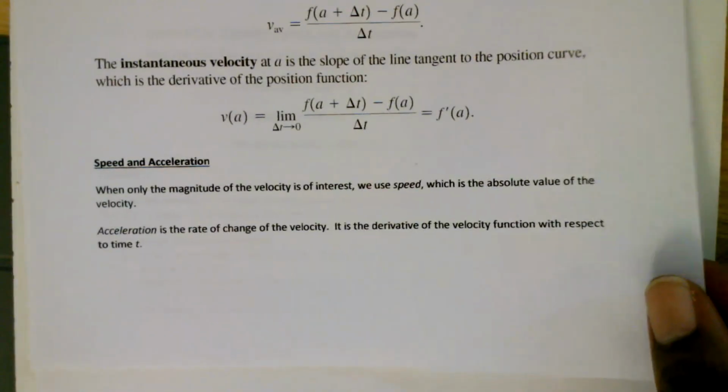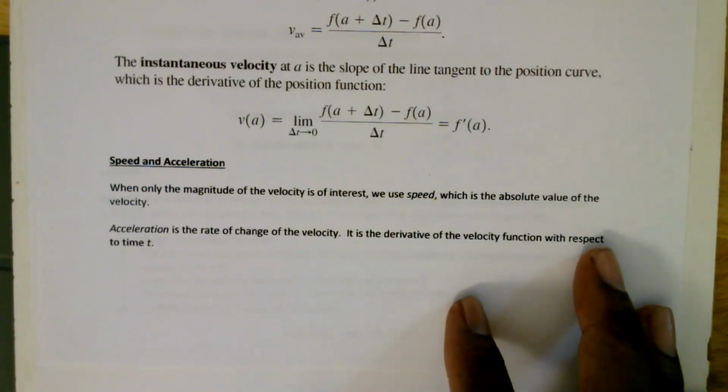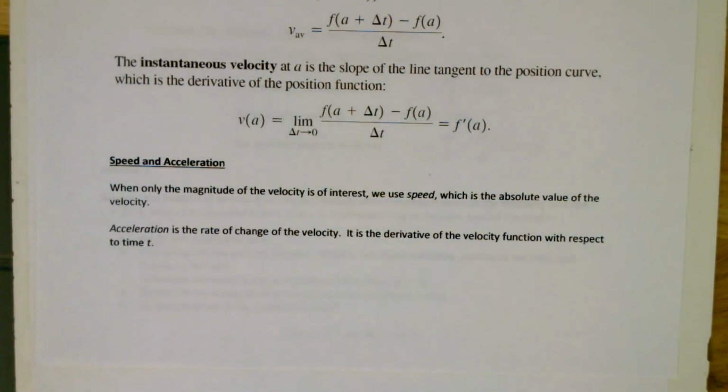All right, let's talk about speed and acceleration. When you're only dealing with the magnitude of the velocity, we use the word speed. And speed, of course, will be the absolute value of your velocity. Now for acceleration, that would be the rate of change of the velocity.